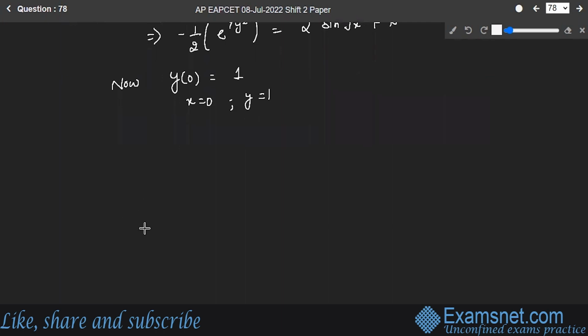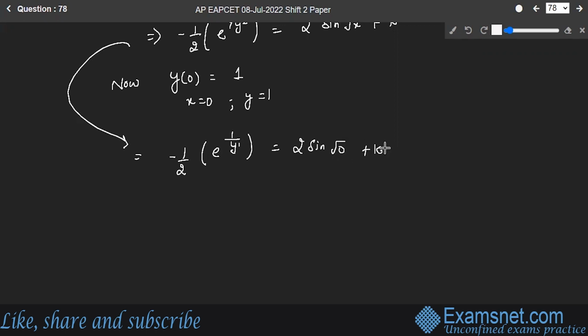So this thing will be minus 1 by 2 e raised to power 1 upon y square, with y as 1, is equal to 2 sine root of 0 plus k. Right? So this is equal to, when I'm putting this as 1, this will be e raised to power 1 and this will be minus e by 2, right?